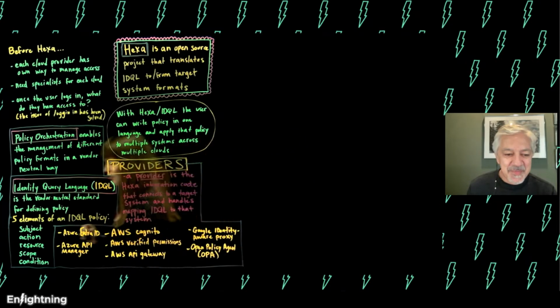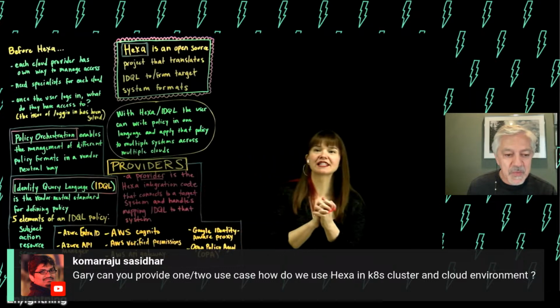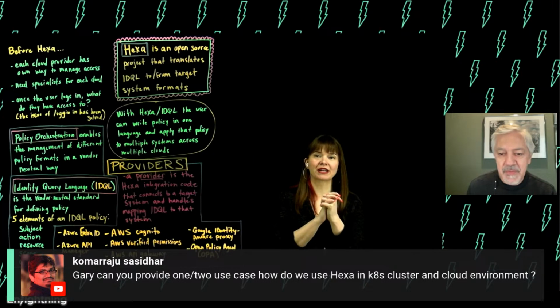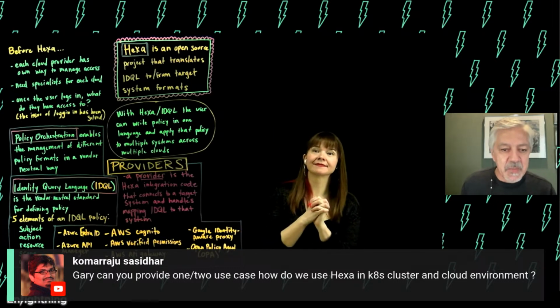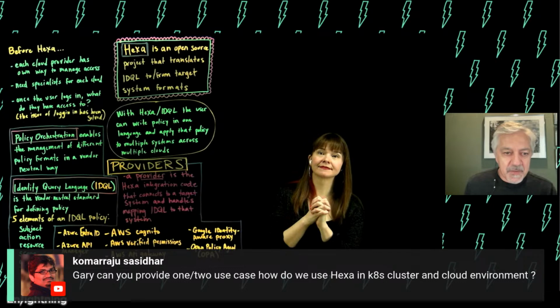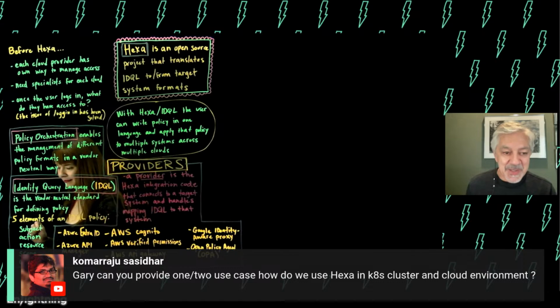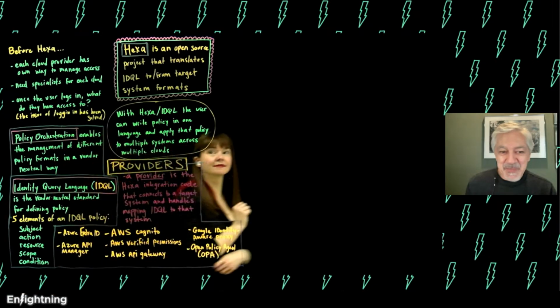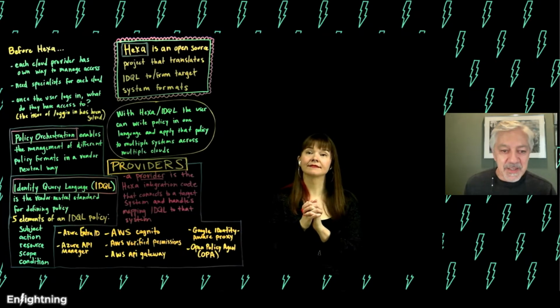Excellent. Kormaju has a question. Gerry, can you provide one or two use cases of how we use Hexa in a Kubernetes cluster and a cloud environment? Well, I'll focus on the cloud environment example. We could have a business workload running in two clouds for high availability, because as we know, cloud systems go down just like any other system. So we want as close to 100% availability as possible.